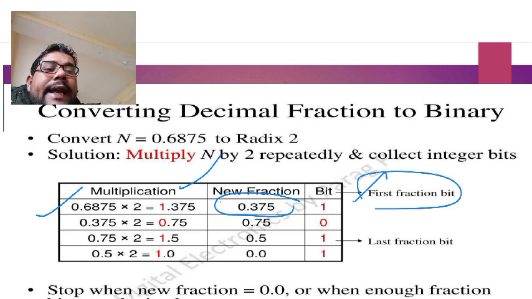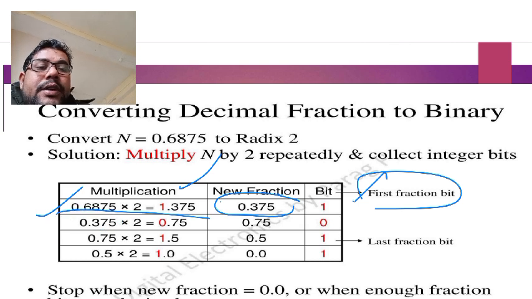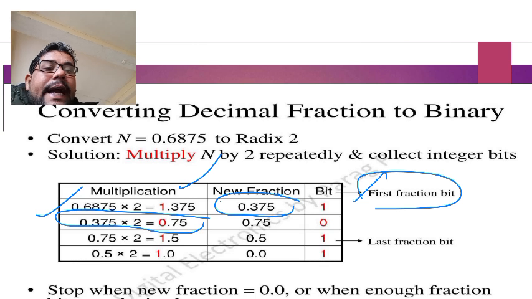Now the new fraction 0.375 will be multiplied by 2. Then we get 0.75. Again, we have a new fraction 0.75, but there is no integer bit here, so we put 0 in this place.